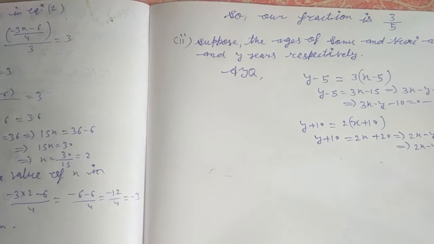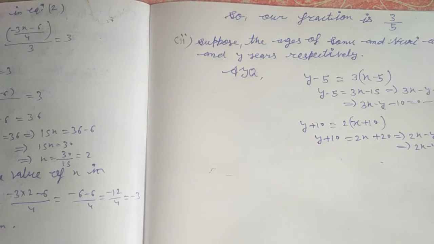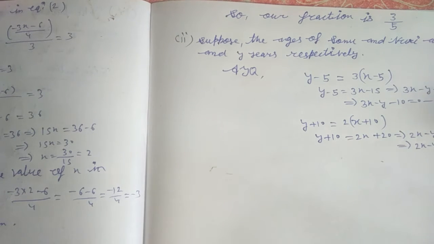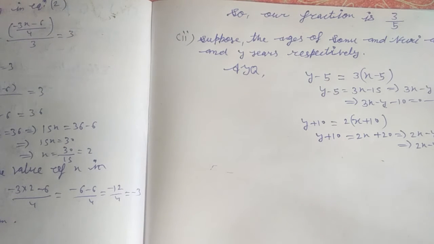Equation number 2. Okay. Here we can observe that the coefficient of y is the same. Now, if the coefficients of x and y are numerically the same, then we can subtract, applying the elimination method for eliminating one of the two variables.